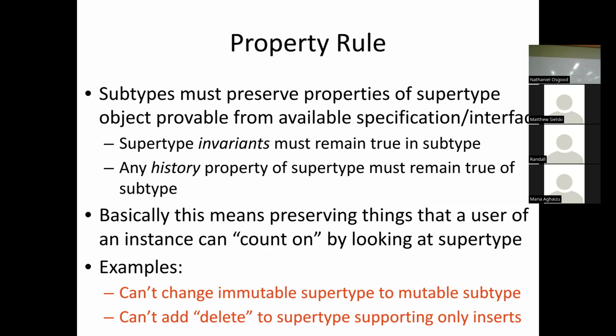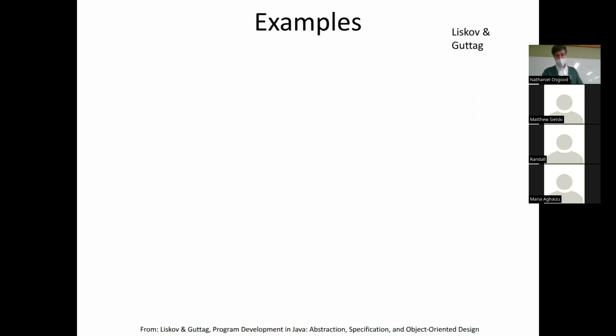They may not check it again because they think it's always got to be the same. And if a subtype changes that, you could break their code. If the supertype only allows inserts, you can't have a subtype that suddenly has deletes, because you're breaking what they're counting on. Once inserted, always present.